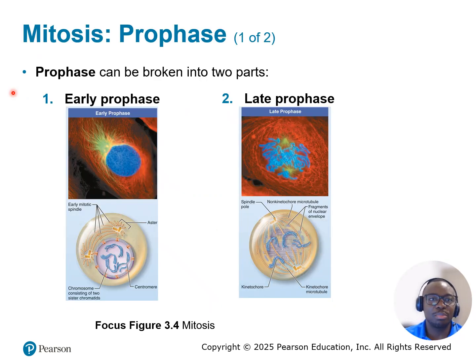We start with prophase. Prophase can be divided into two parts: early prophase and late prophase. In early prophase, chromatin condenses, forming visible chromosomes. Each duplicated chromosome consists of two identical threads called sister chromatids that are held together at the centromere.